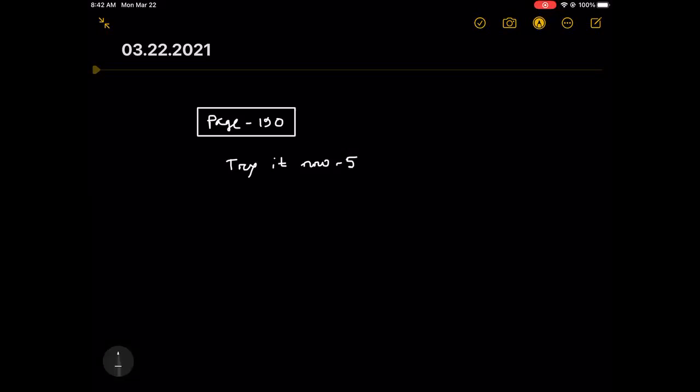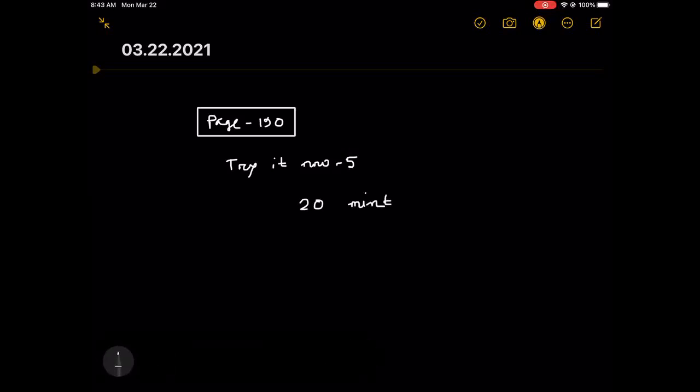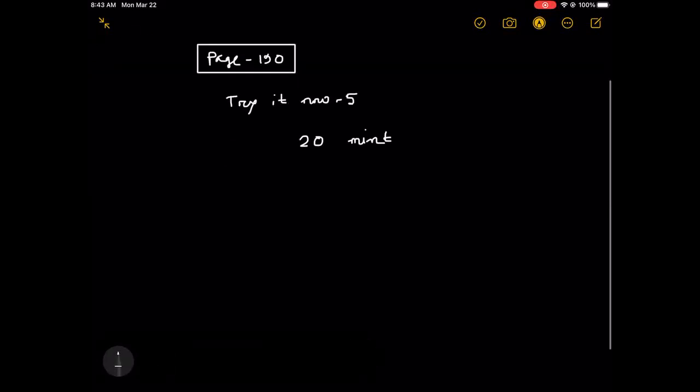Okay, let's see the question first. The question says a field currently contains 20 mint plants, and absent constraints, the number of plants would increase by 70% each year.